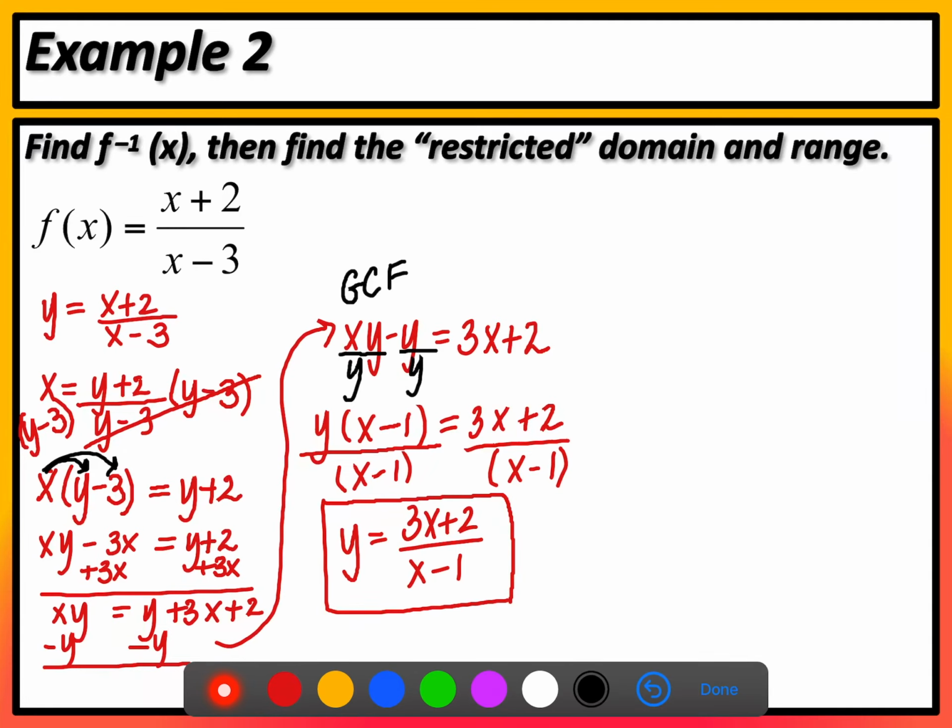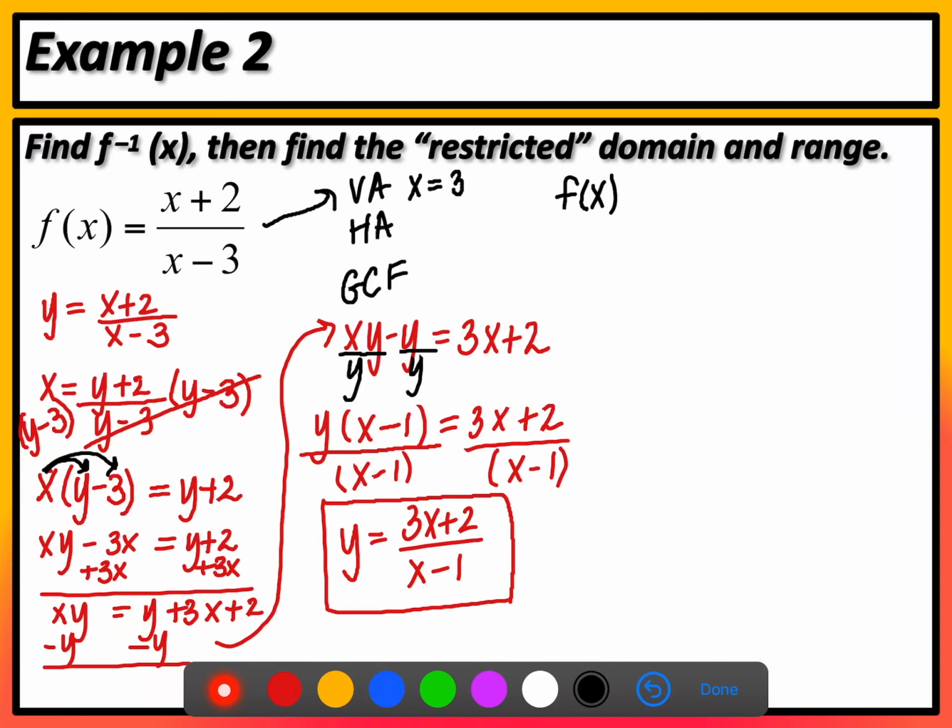Okay, so now let's talk about the domain and range. So the domain from f of x, okay, so the domain here, I'm going to have a vertical asymptote at 3. Okay, and that's going to affect my domain. There's no holes, so that doesn't affect the domain.